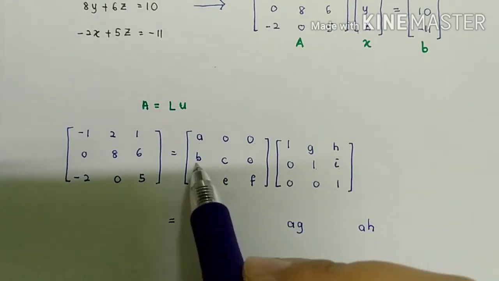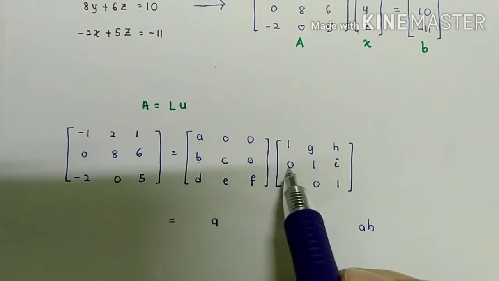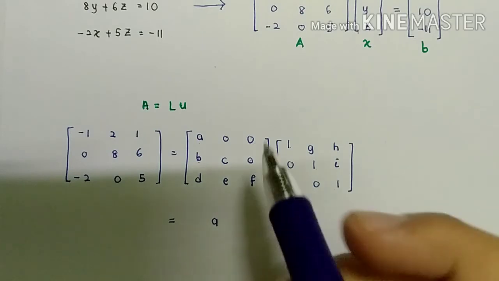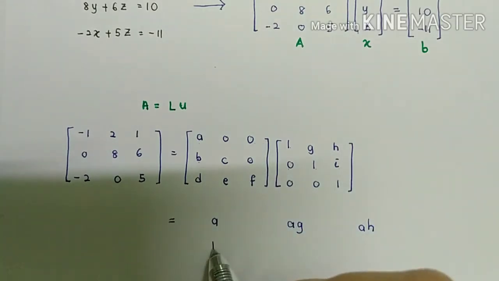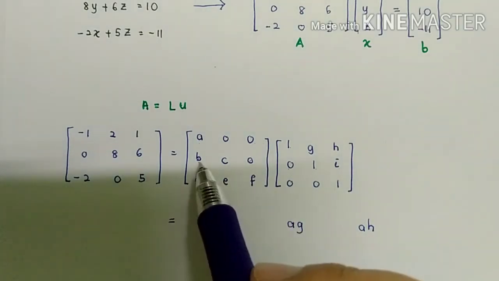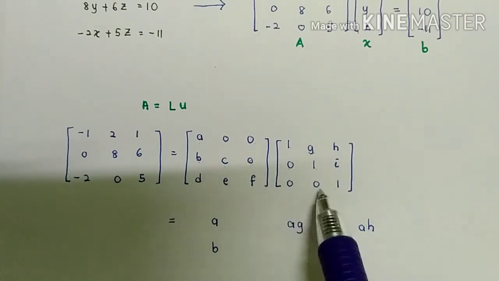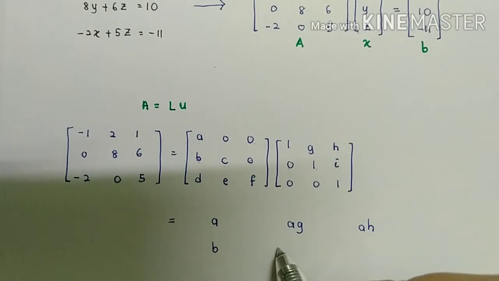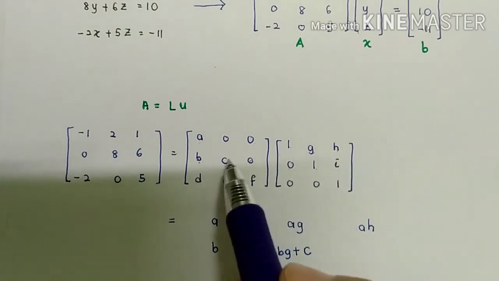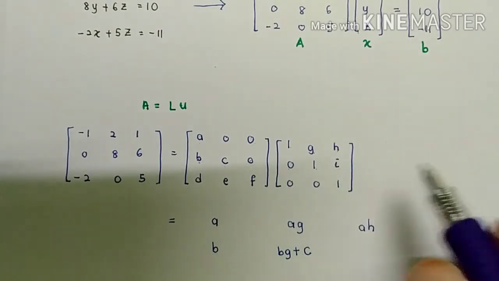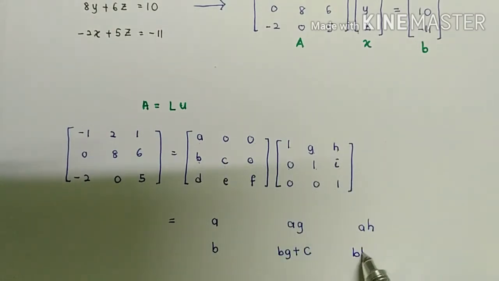For the second row, we have B times 1, C times 0, 0 times 0, so we have B. And then B times G plus C times 1 plus 0 times 0 is BG plus C, and B times H, C times I, 0 times 1 is BH plus CI.